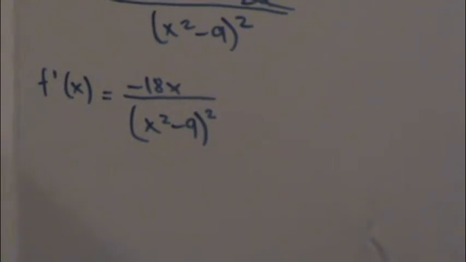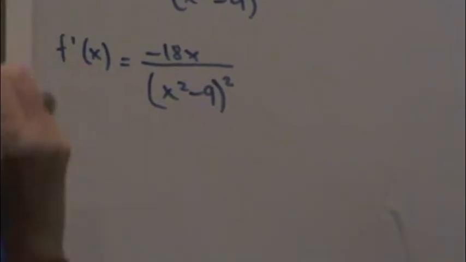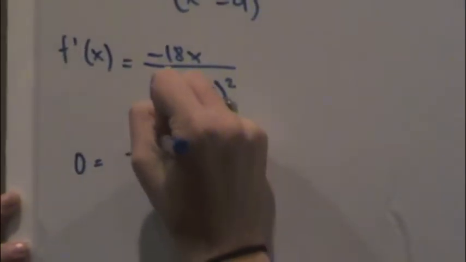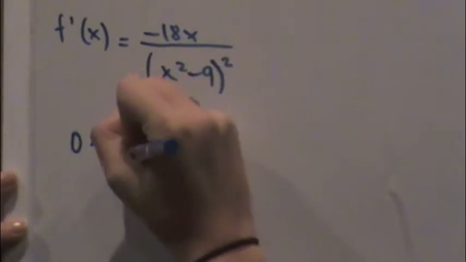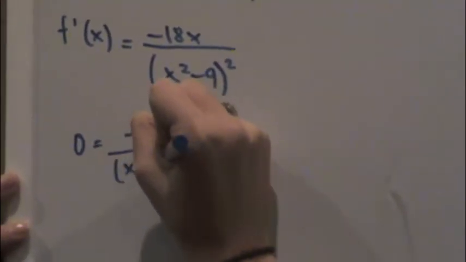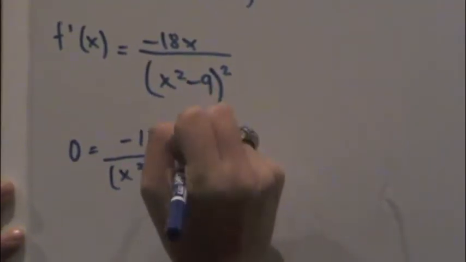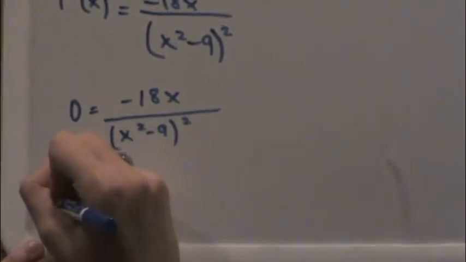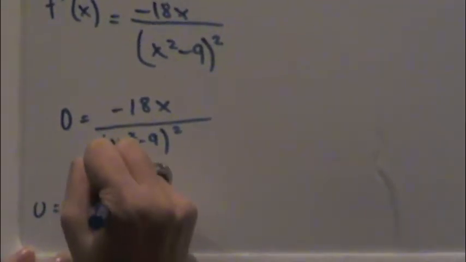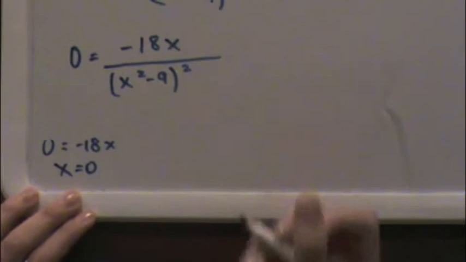Now, you set your derivative equal to 0 and solve for x to find your critical points. So, 0 equals negative 18x over x squared minus 9 squared. So you get 0 is equal to negative 18x, so x equals 0.